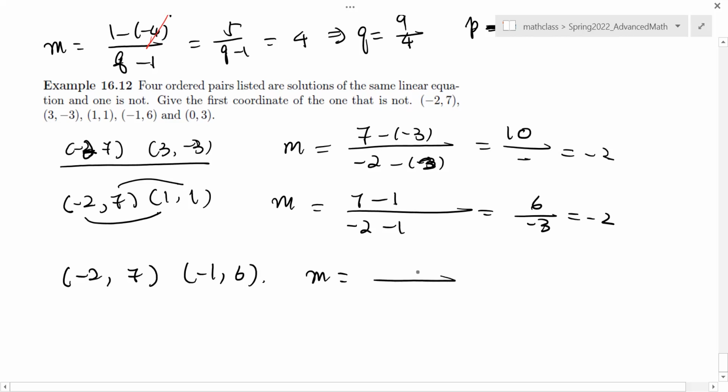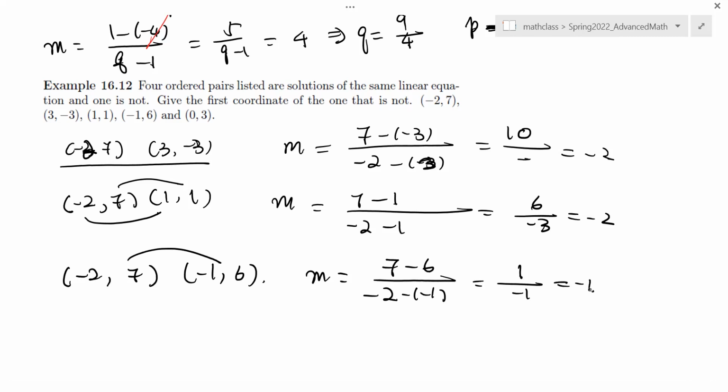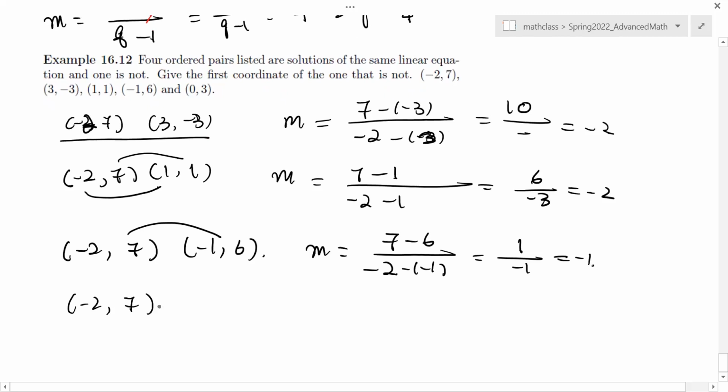So slope is going to be the difference of the y coordinate, 7 minus 6, over -2 minus -1, which is going to be 1 over -1. 7 minus 6, over -2 minus -1, so plus 1. And the slope of those 2 points, 7 minus 3, over -2 minus 0, so it's going to be 4 over 2, so -2.